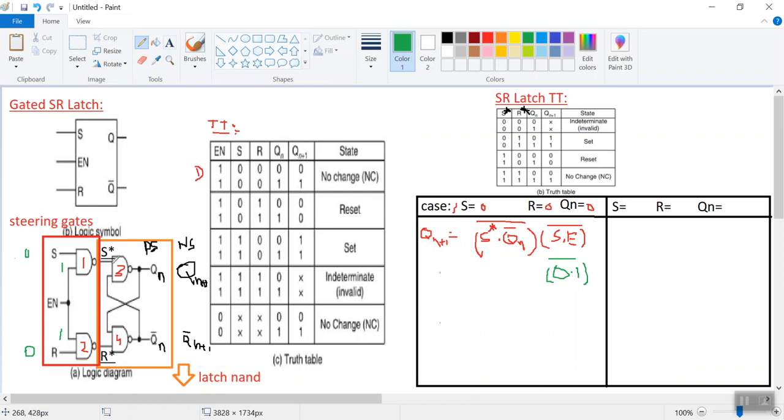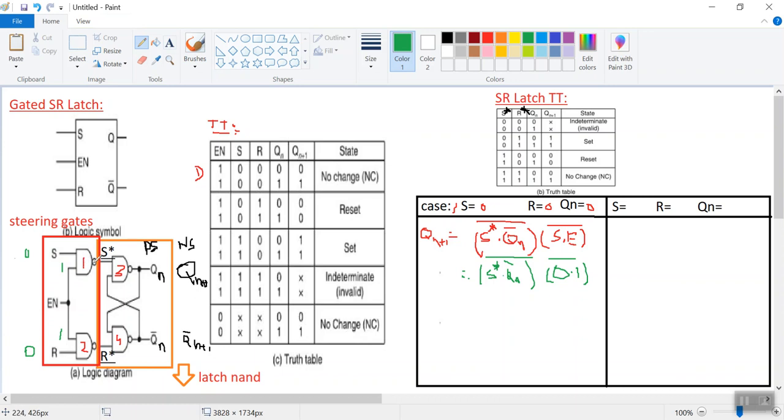After this NAND gate we have the third NAND gate. What are the inputs at this third NAND gate? S star, which we keep as it is, and Qn complement, and the whole complement. Here 0 into 1 is multiplied, since the AND gate means multiplication.